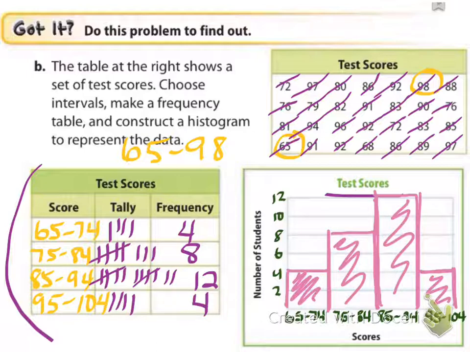Most of the people had gotten between an 85 to 94%, and I would also say that 28 students took the test. So those are the pieces that I would mention.